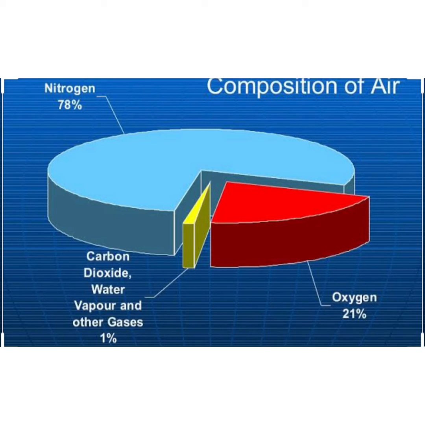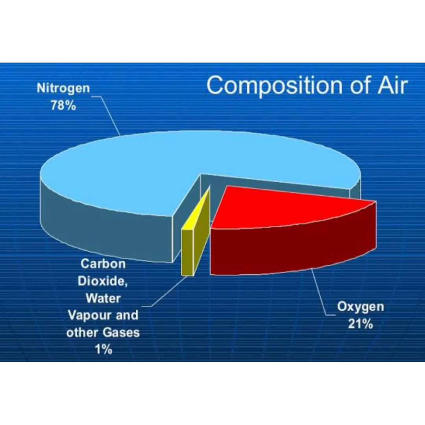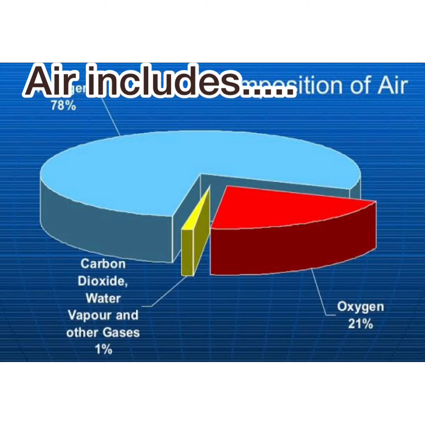However, the largest part of air is made up of still another kind of gas. This gas is called nitrogen. As you can see in the picture, nitrogen has 78%, oxygen 21%, while the other gases have 1% of composition in air.